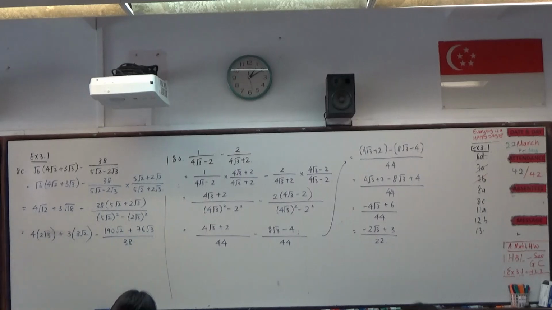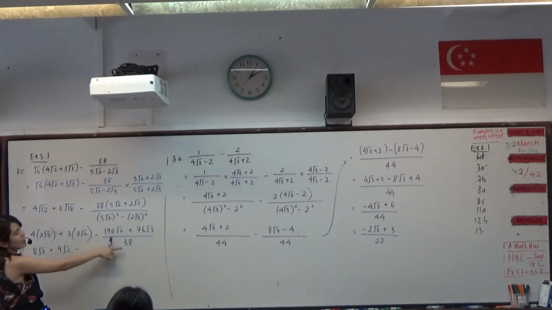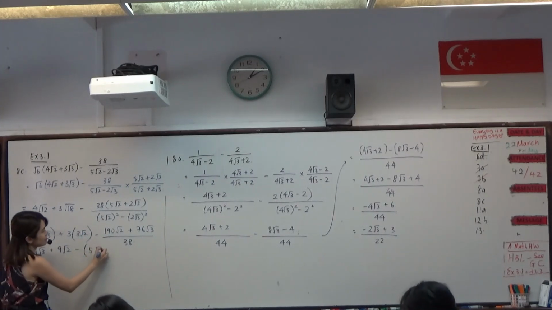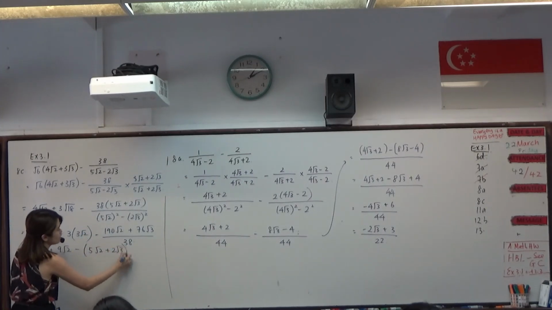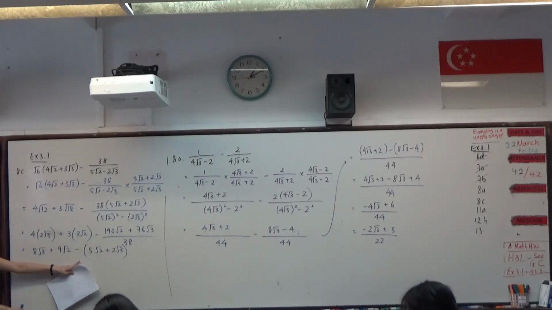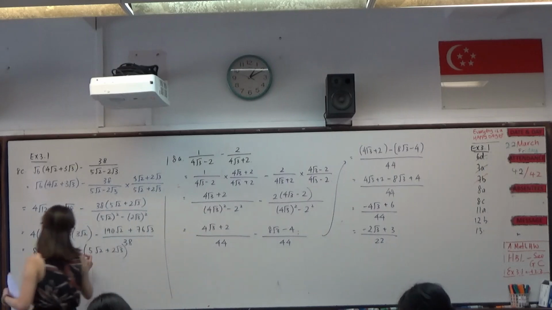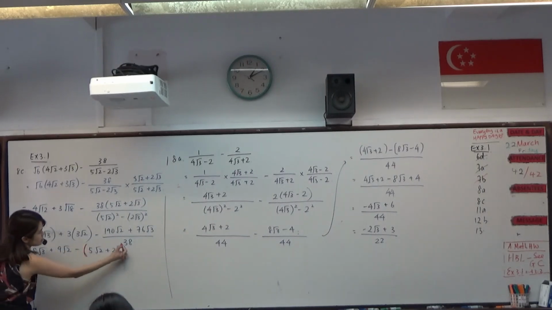Yeah, correct. So this one simplifies to 8 root 3 plus 9 root 2 minus away. In this case, if you cancel away, take out a minus sign, so you'll be left with 5 root 2 plus 2 root 3. The brackets over here are important because they will impact the operation inside the brackets.